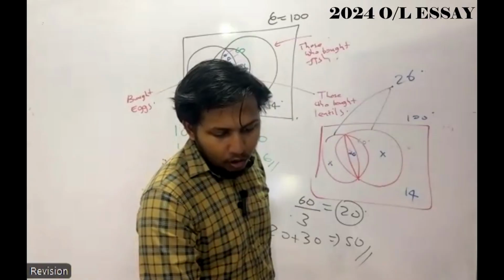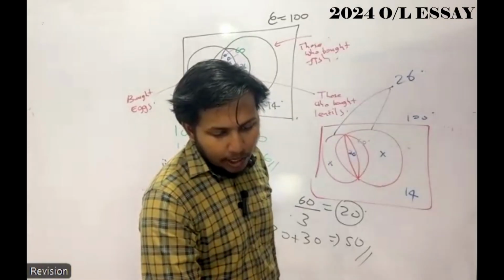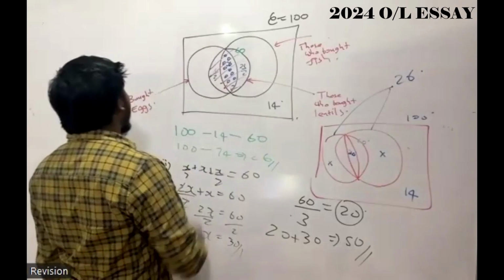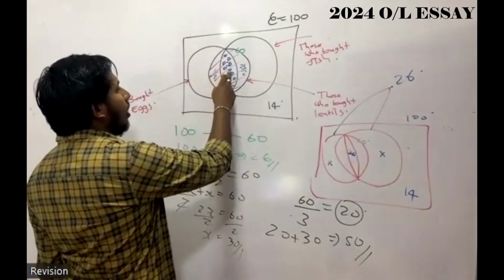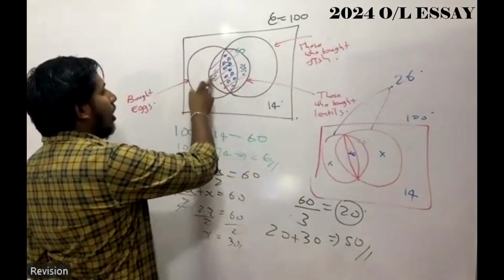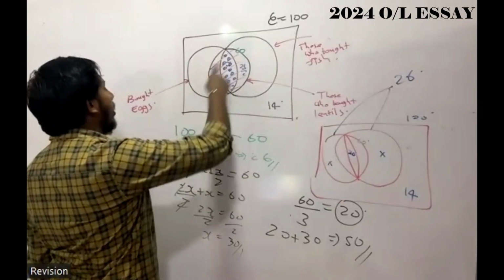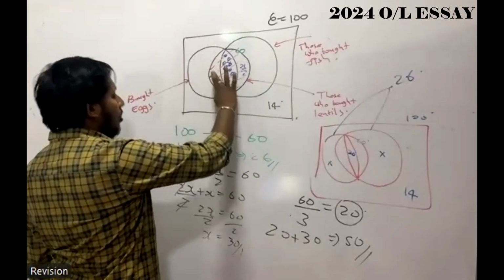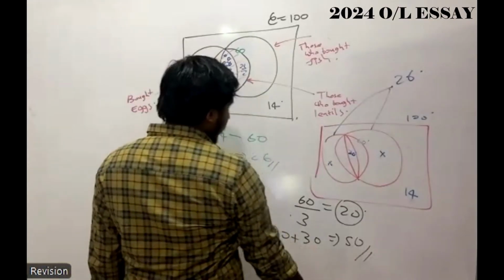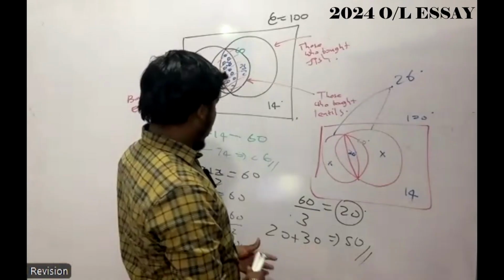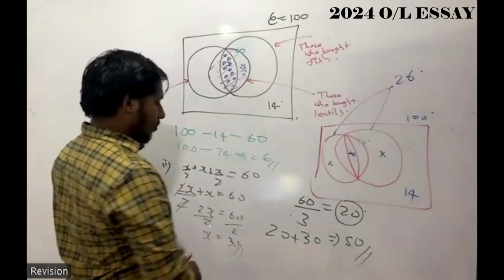Now we know how many customers bought eggs and lentils. This is the lentils part, and this is eggs. So this part we found as 20.